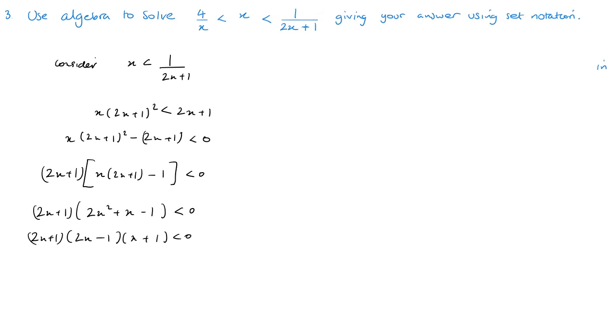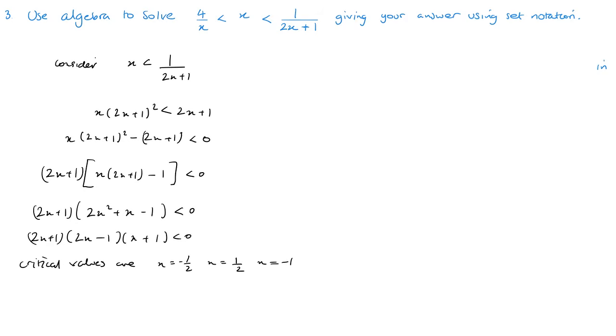So this is my fully factorized form, which means that my critical values are x equals -1/2, x equals +1/2, and x equals -1.